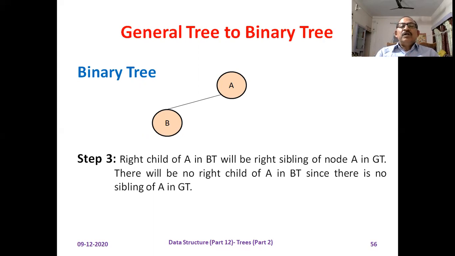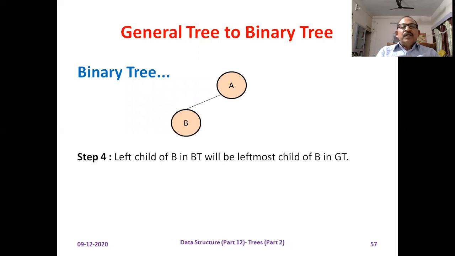Why? Because as we already know, root node does not have any parent. Okay. It means that here there will be no right child of the binary tree.